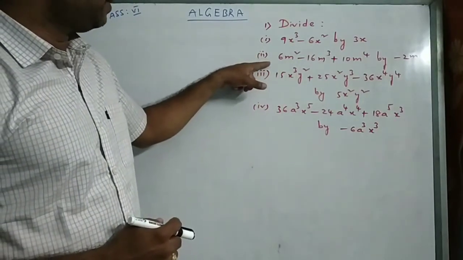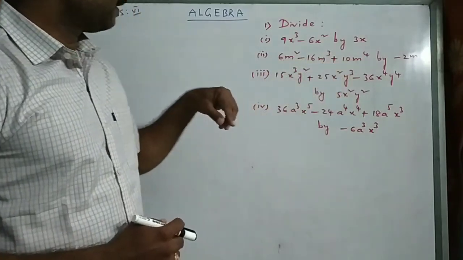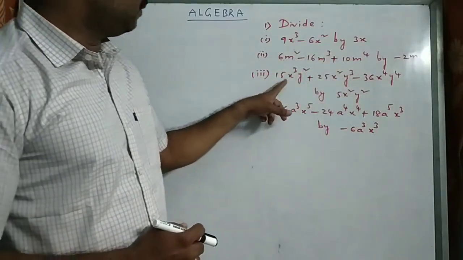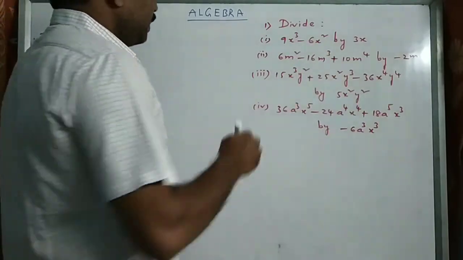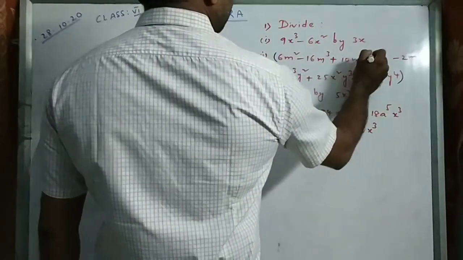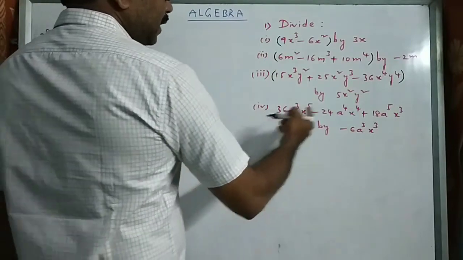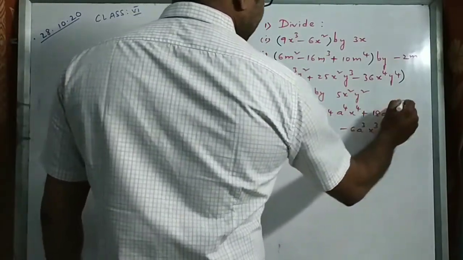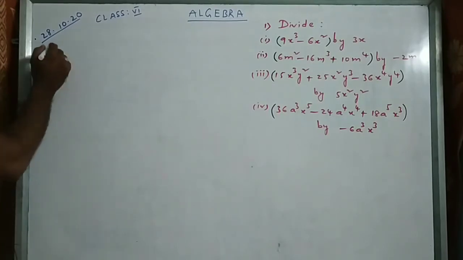In the second problem, it is a trinomial. 3 terms are there, 1, 2, 3. In the third problem, 1, 2, 3, trinomial. Fourth one, 1, 2, 3, trinomial. By monomials. Let us see how to do them.